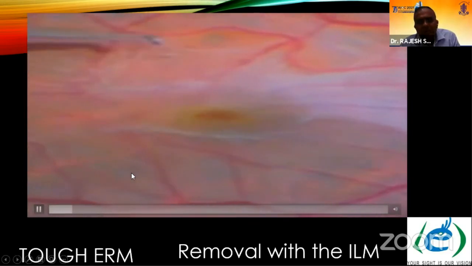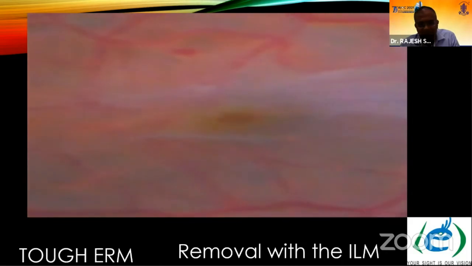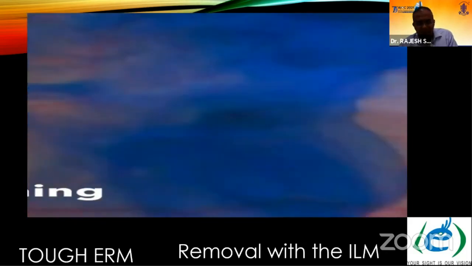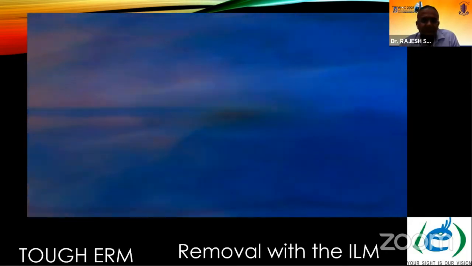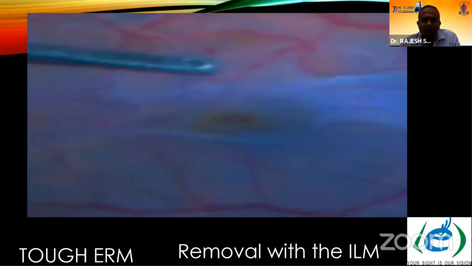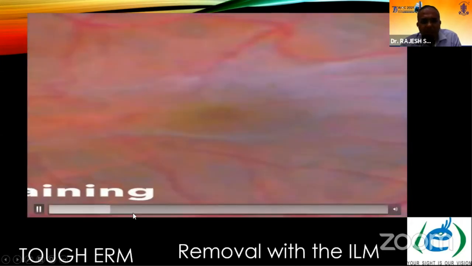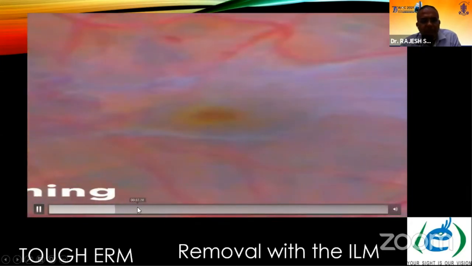There's another tough ERM where it was very difficult to find a cleft and peel it off. So a dye was used to stain the ILM, of course the brilliant blue dye, and then the ERM was removed along with the ILM. Let me move it faster.